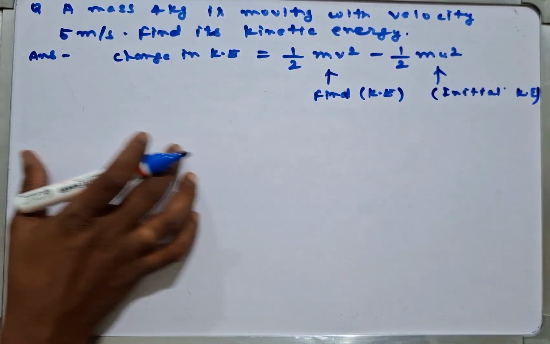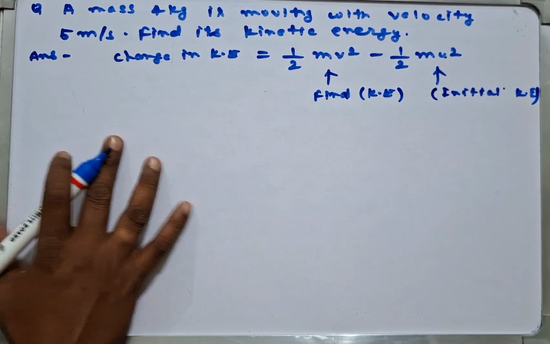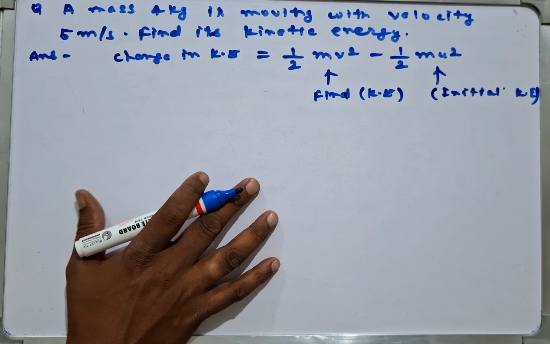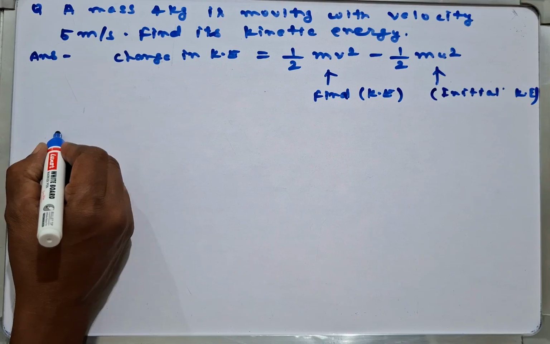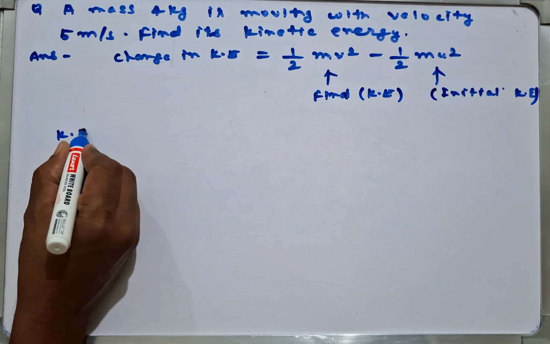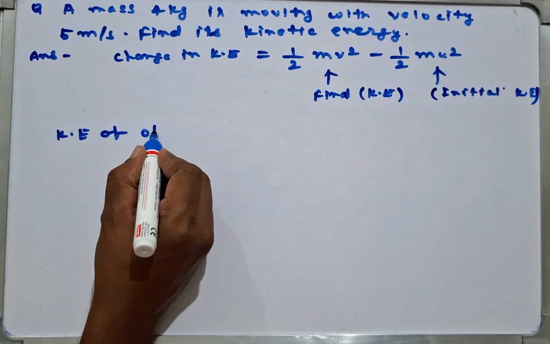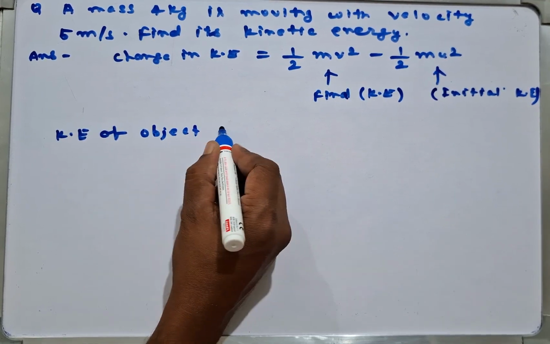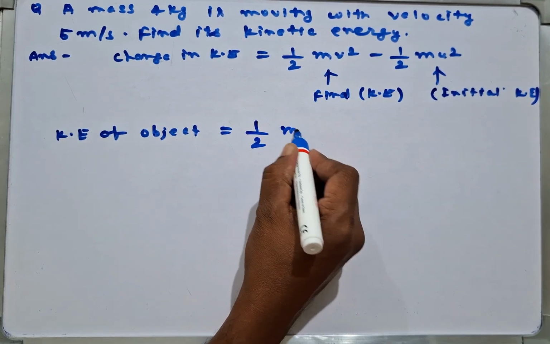Okay, so see in this question no work is being done on the object, so you can say the kinetic energy of the object equals 1 by 2 mu square.